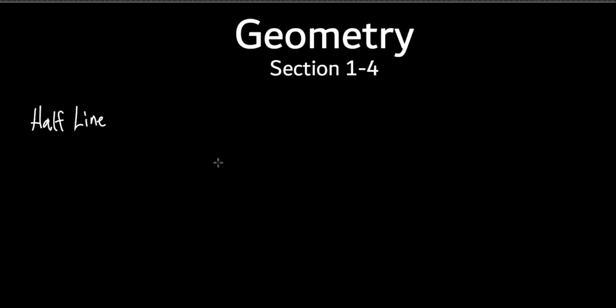So if you had a line, let's draw a line, and we know a line has these arrows on the end of it. All right, let's read the definition again. It says it consists of all the points on a given side of a point on a line. So if I have a point right here, we'll just call it point A. And I'll call this B down here.